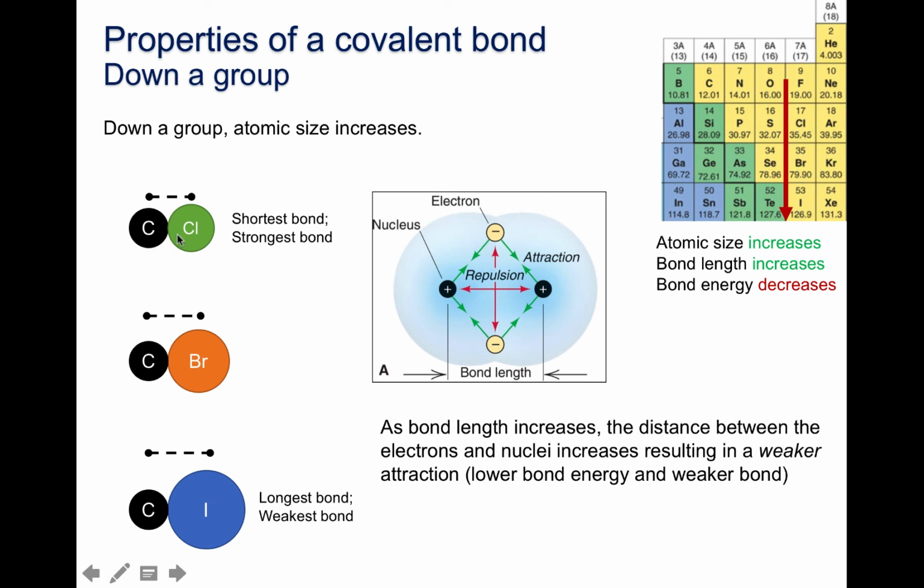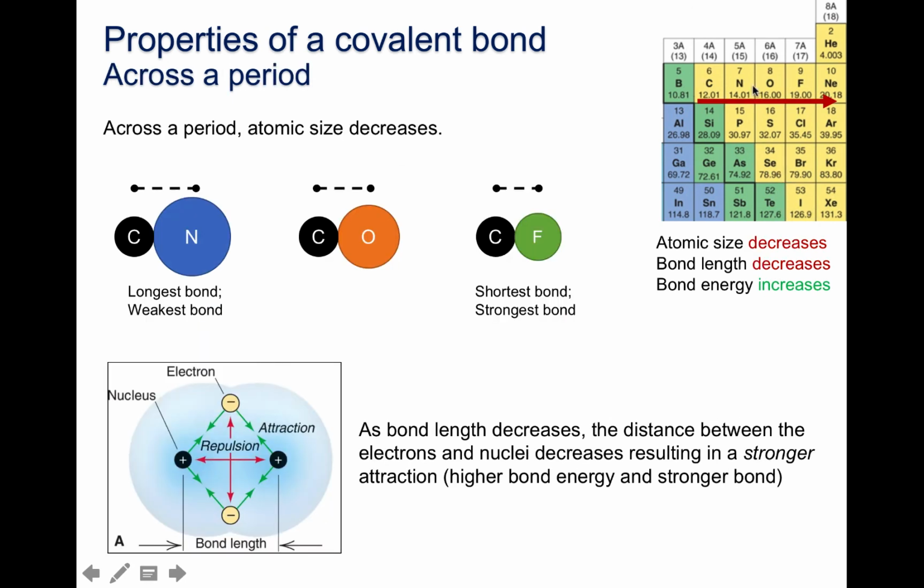So we would expect carbon chlorine to be the shortest bond because it's the smallest atom, and we would also expect it to be the strongest bond. As we move down, carbon iodine is the largest atom of this set, and so we would expect that bond to be the longest and also the weakest. And it has to do with the attraction between the nuclei and the electrons. If it's a larger atom, the distance between those is greater, resulting in a weaker bond.